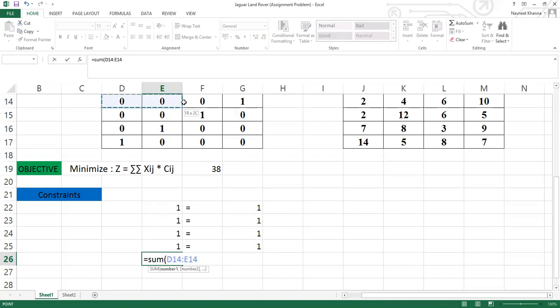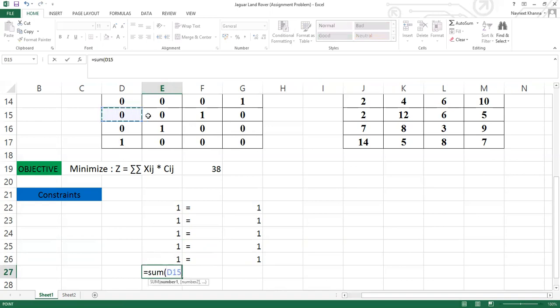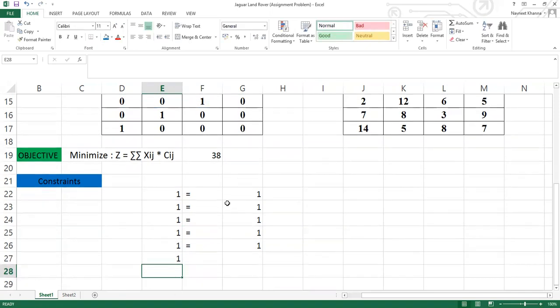And the fifth one is the sum X11 plus X12 plus X13 plus X14 is equal to 1. Then X21 plus X22 plus X23 plus X24 is equal to 1.